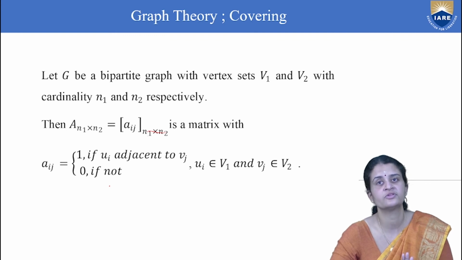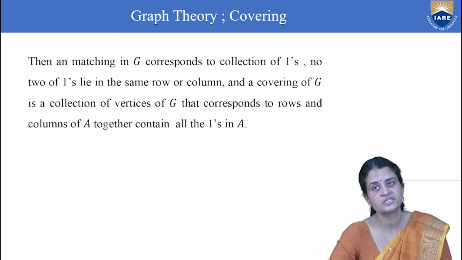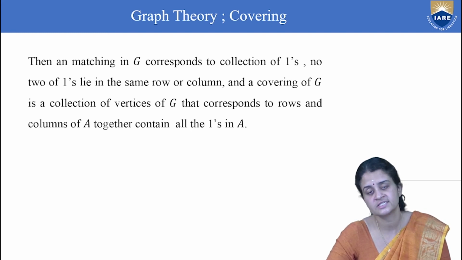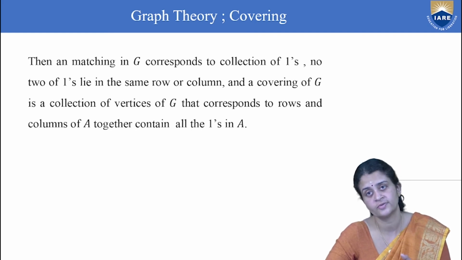We'll see with an example. Then the matching corresponds to a collection of ones, no two of which lie in the same row or column, and the covering corresponds to a collection of vertices of G, that is, rows and columns of A together, containing all the vertices.